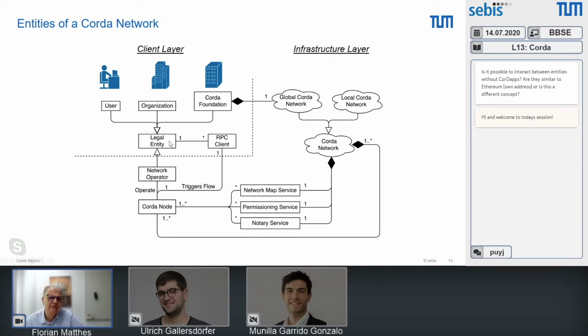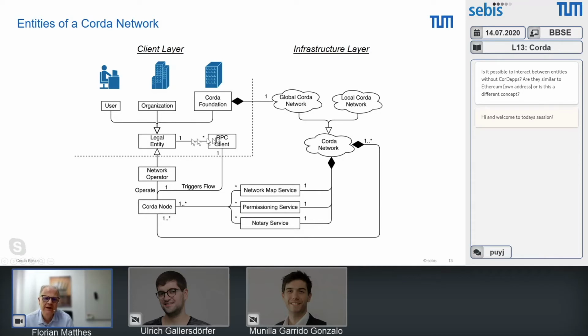Each legal entity can run multiple RPC clients, remote procedure call clients, which is a standardized way of interacting in the language of your choice. So you can write the clients in different languages, but the code is run on the Corda network. If you want to interact with the Corda network, you do remote procedure calls to a Corda node.